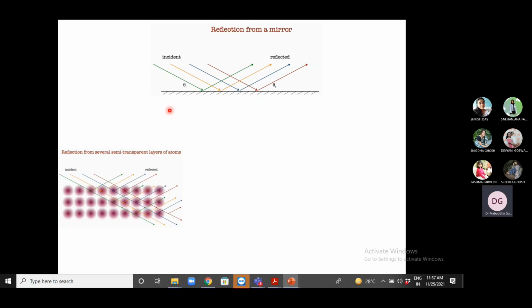So either that electron will diffract some of the X-rays and allow the rest to pass, or it may not diffract also. So from each layer, diffracted X-ray beams will emerge. One portion diffracted, the rest transmitted. Again from the next layer, one portion diffracted, the next portion transmitted. Like that, it will keep on going from one end of the crystal to the other end.